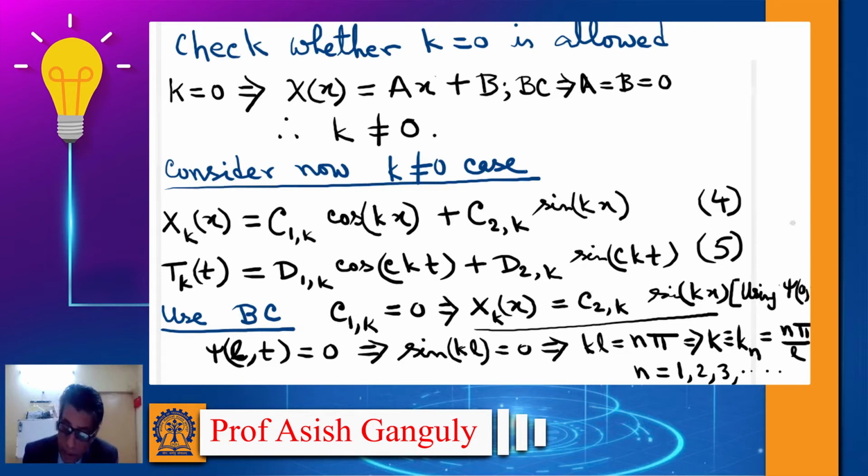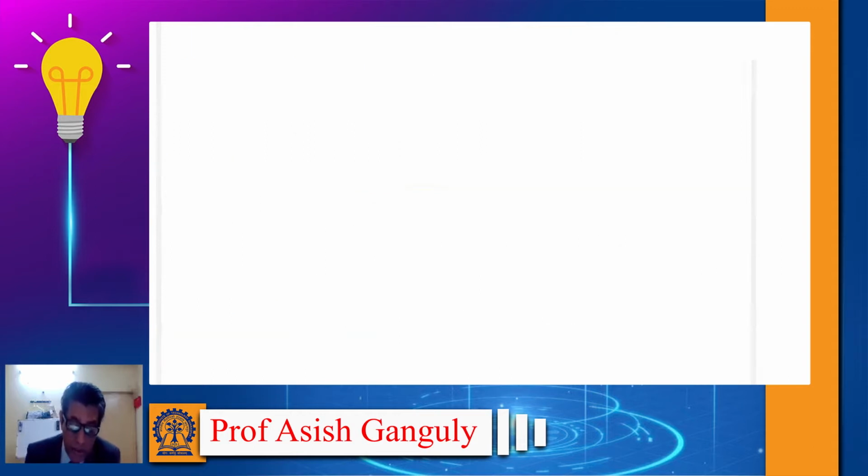But before that, we have to find this one as usual, as we do for this. So I'm going to the next page. There is a Tk, which is cos ct.